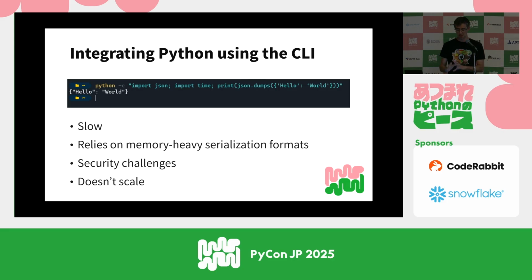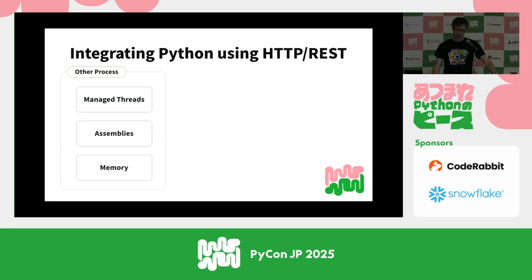It's fairly contained. It's very, very slow. To start Python itself takes quite a while. It relies on really bad serialization formats like JSON. There's lots of security challenges, like spawning command line processes behind the scenes is not generally a good idea. It doesn't scale either. So this is fine as a quick patch.